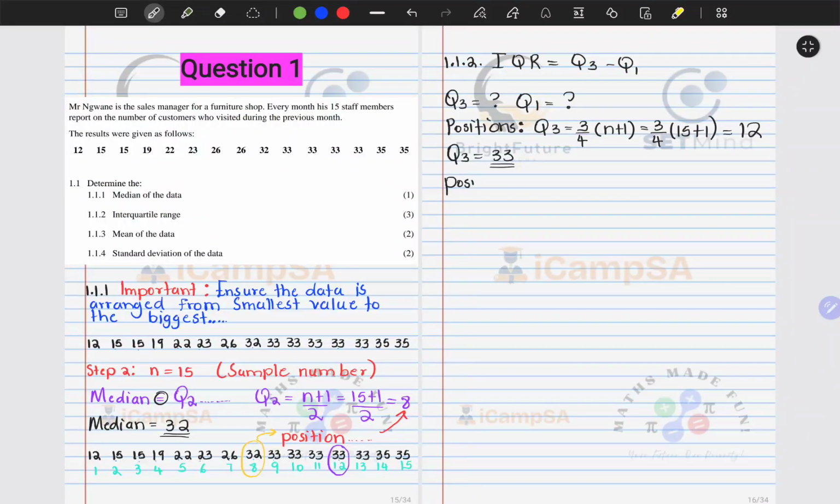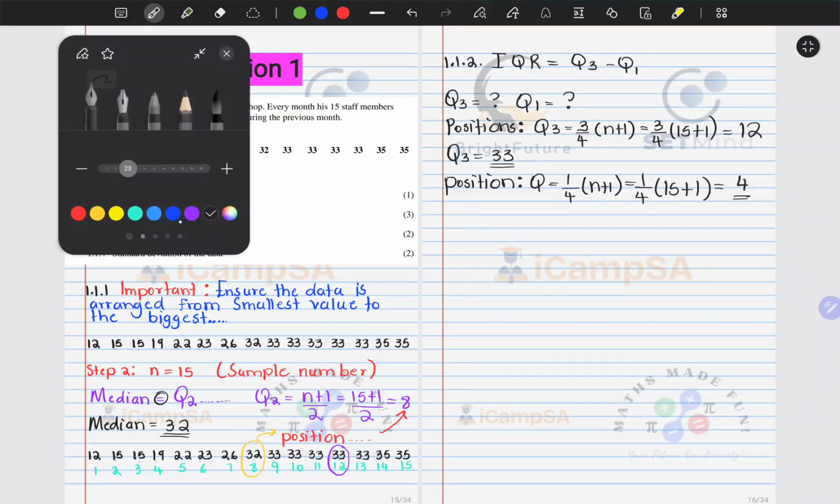Then let's have a look at Q1, but here we're still looking at the position, and we know Q1 is the same as 1 over 4 into n plus 1, which is 1 over 4 into 15 plus 1. And when you go to your calculator and punch this, what you will end up getting is 4.